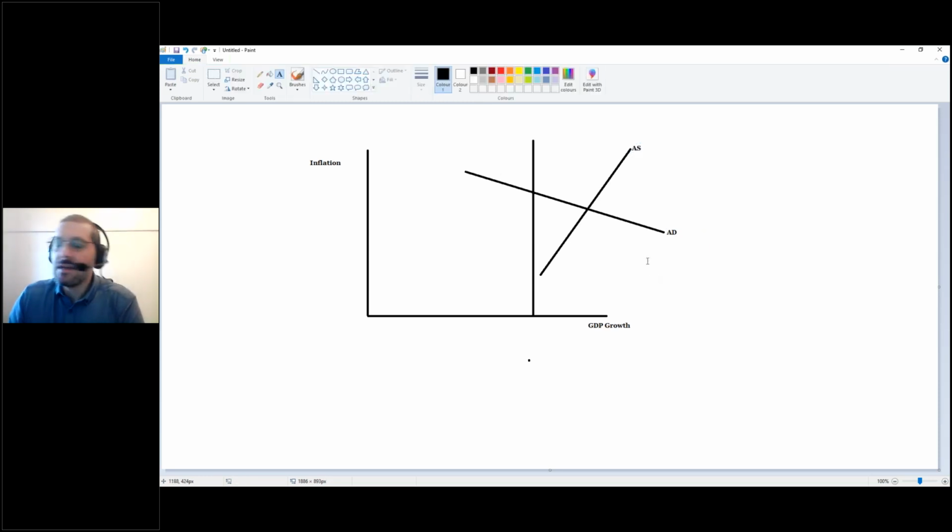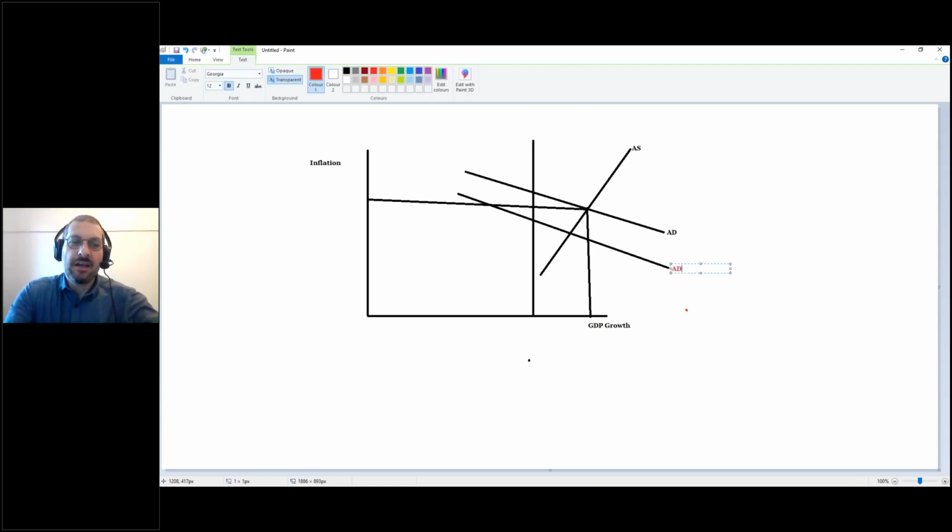And what's happening is the Fed is raising interest rates. What that effectively does is it's supposed to bring the demand curve down. And then what happens is your inflation comes down. Okay, I'll just use the red for this. So once you've got an increase in interest rates, your aggregate demand shifts.